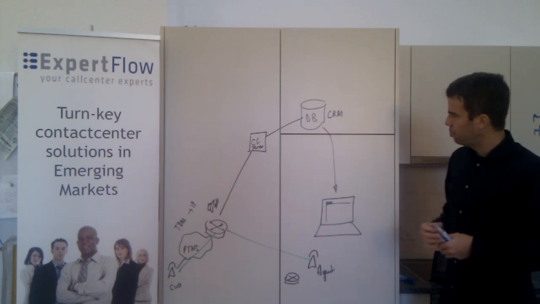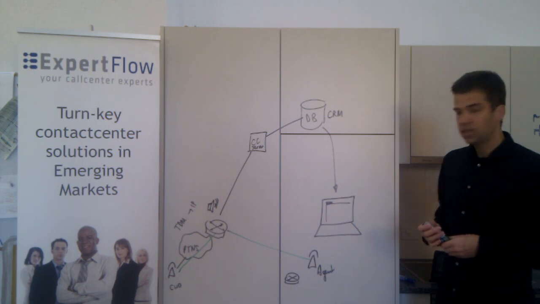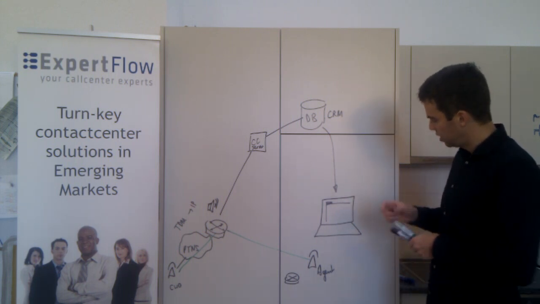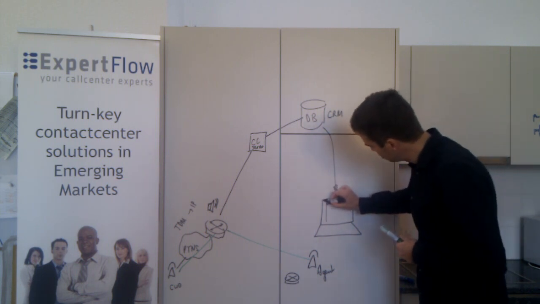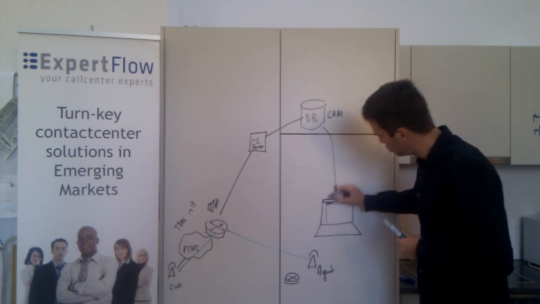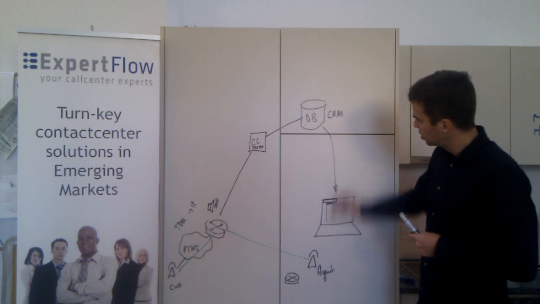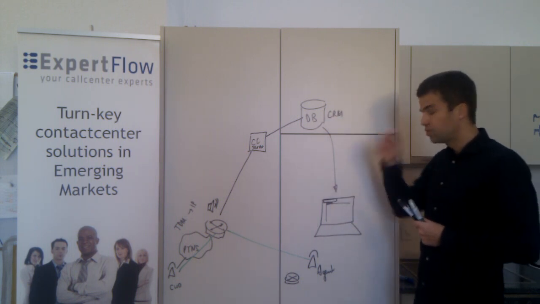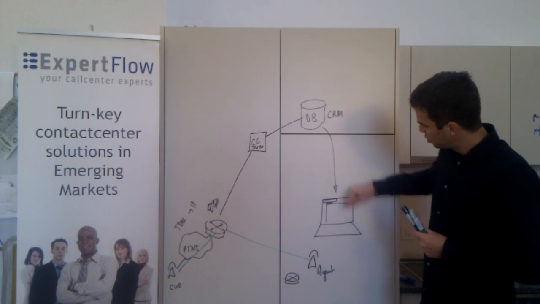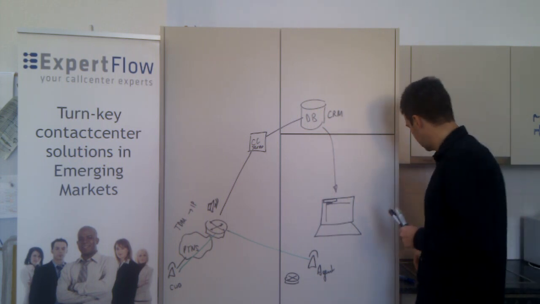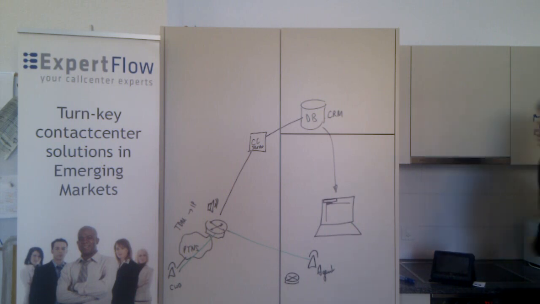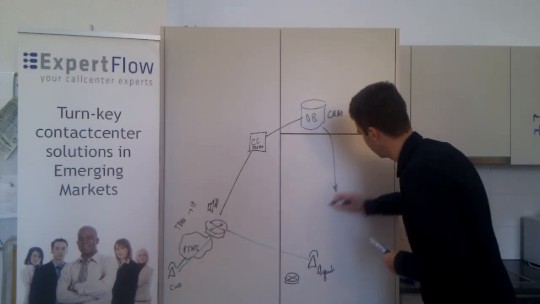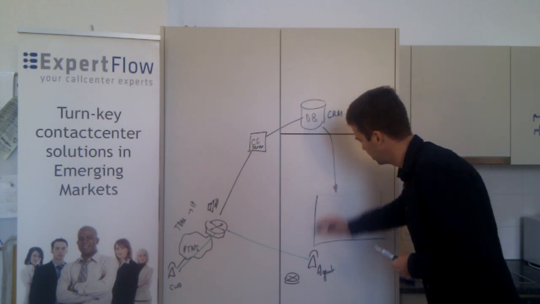This screen pop-up can now happen in two different flavors. The first flavor is that we have a CTI application, which basically allows you to log in, log out to the contact center, make yourself ready, not ready, accept the call, transfer a call, and so on, which then controls the CRM application. So if I maybe increase the size of the screen here, so I'm increasing the size of the screen of the desktop of the agent.